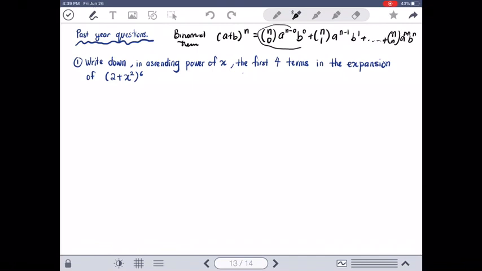And we know that the first term is just a to the power of n, and the last term is just b to the power of n.